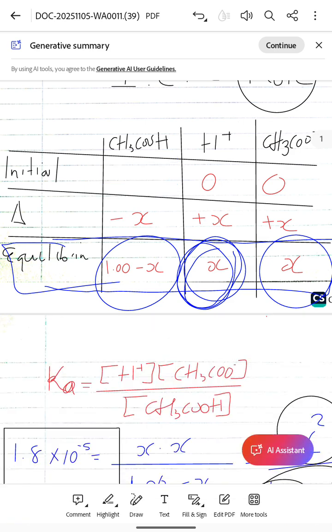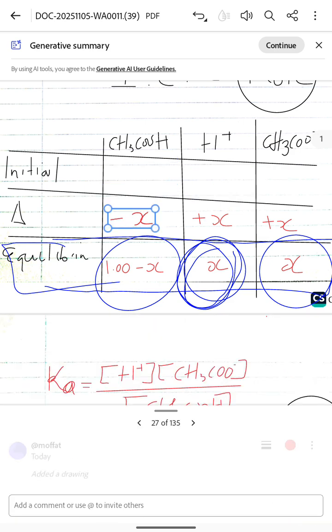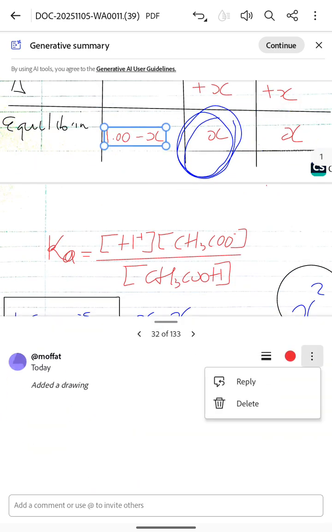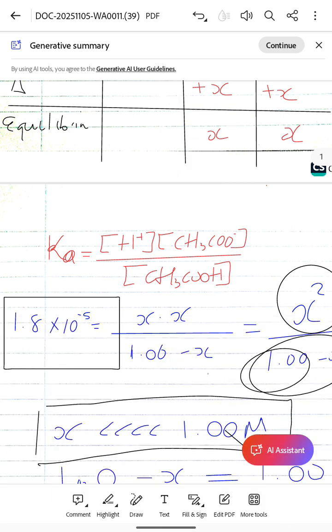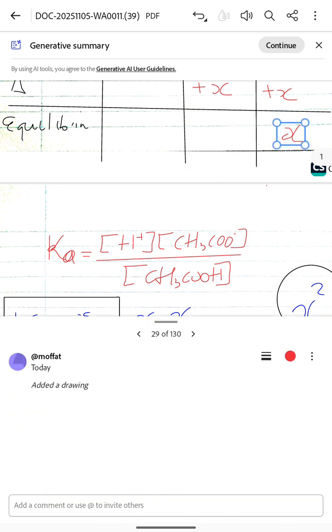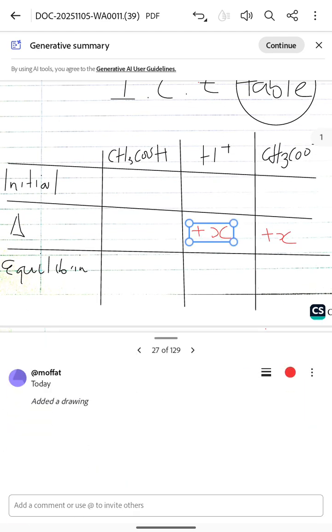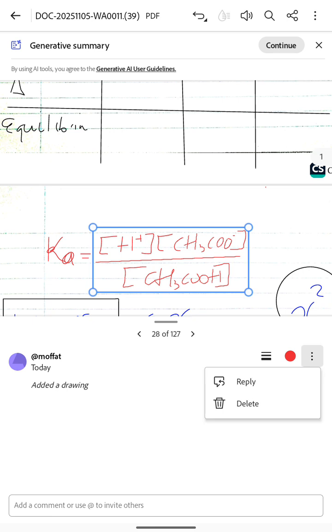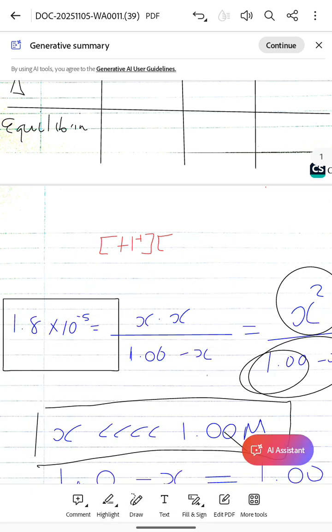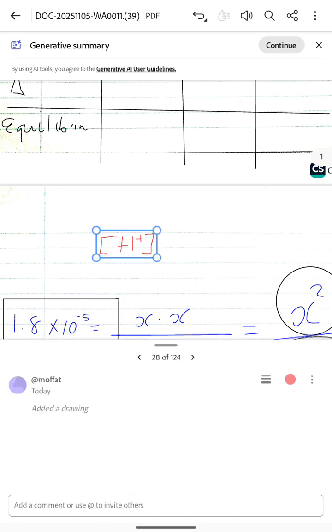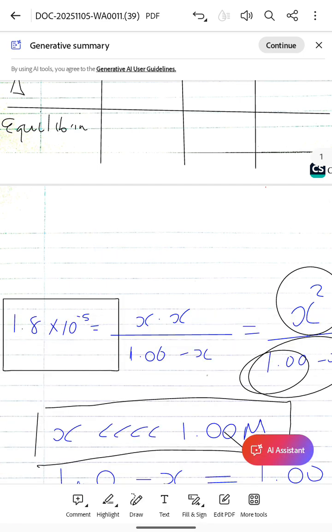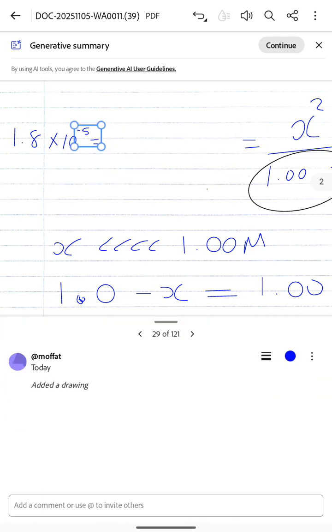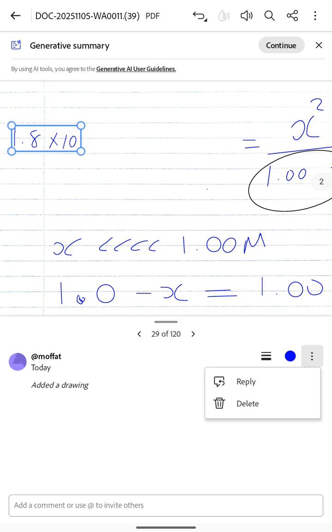We don't need this, we don't need that. I'll try and manage my space next time.